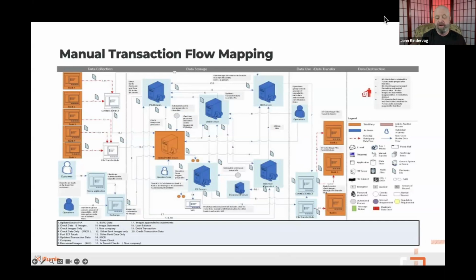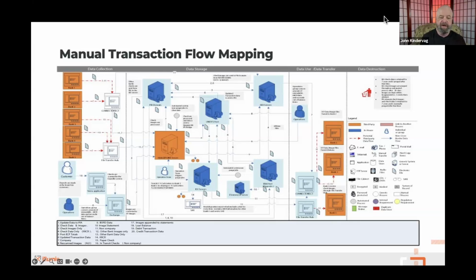So just for historical sake, this is part of the image of the very first transaction flow mapping that happened a long time ago, probably 12, 13 years ago. I don't remember the exact date. This is a manual transaction flow. It was done by a third-party consulting company who came into an organization that I was working at, and we needed this.